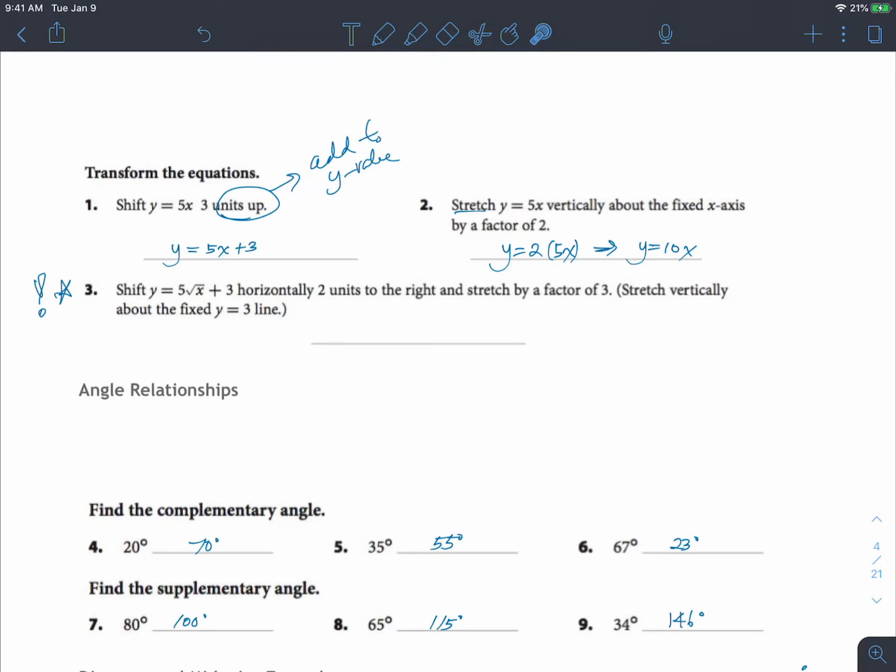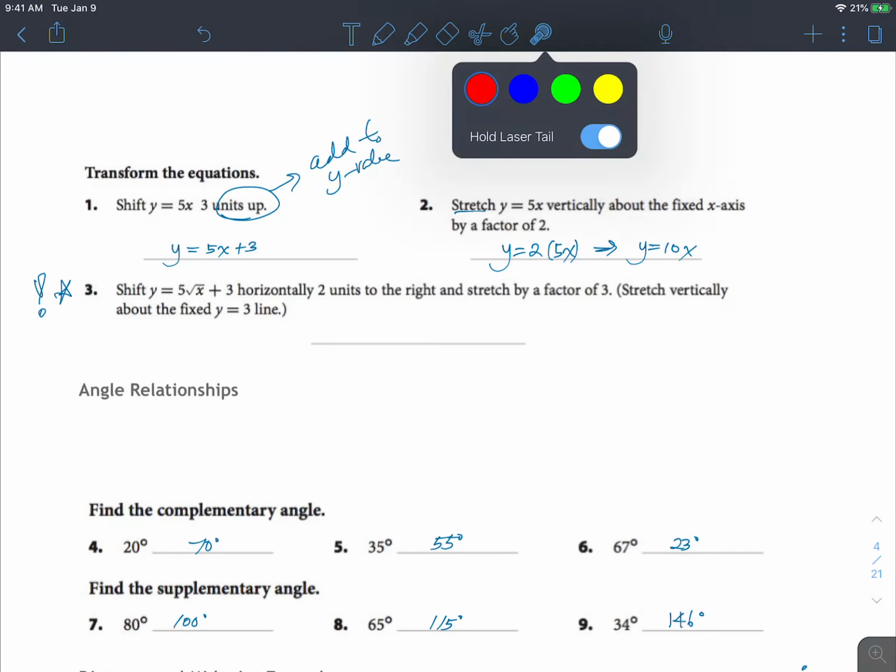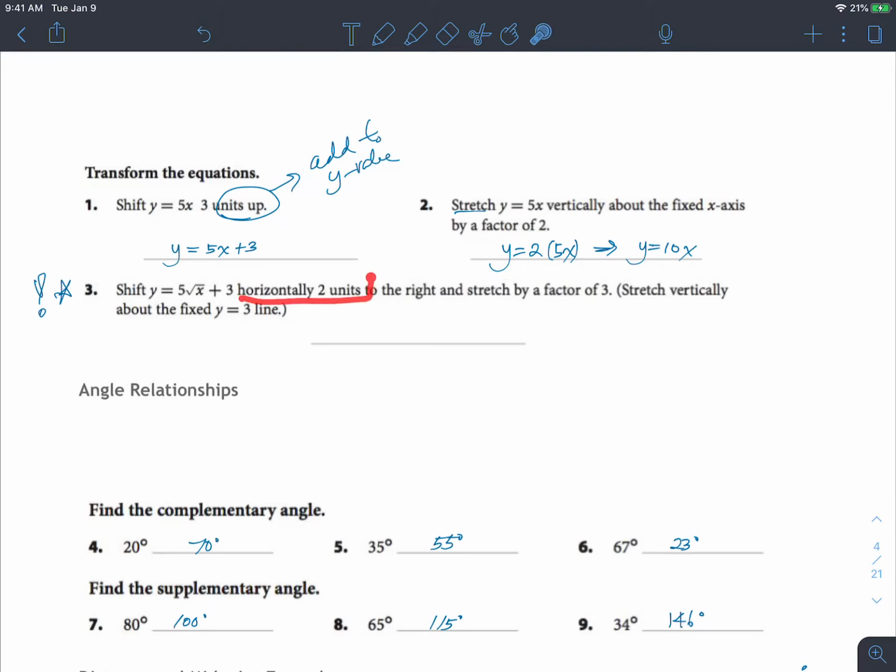This one was asked by the book, but at this point I would rather avoid it. So if you spend too much time on it, I apologize, but it's good to think about it. But it has something to do with if it's horizontal, you actually do something to the x value. As it turns out, you subtract instead of adding when you move to the right.